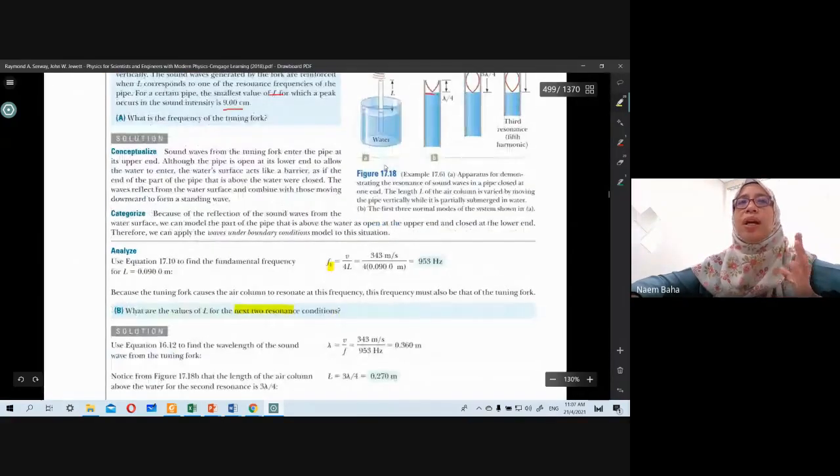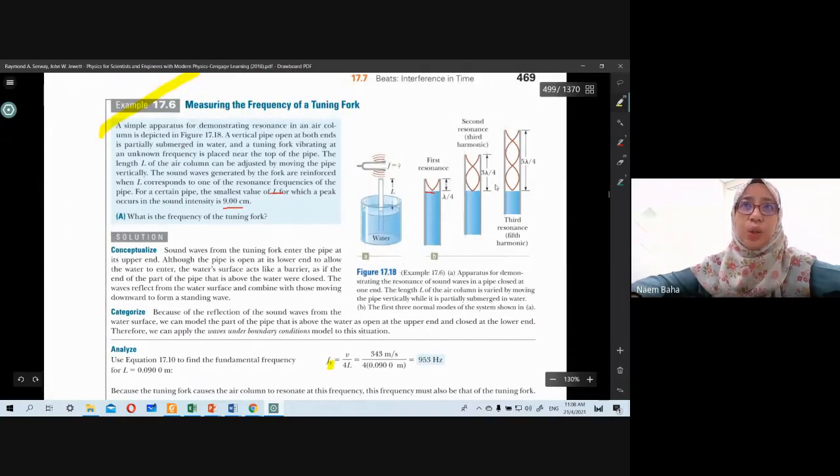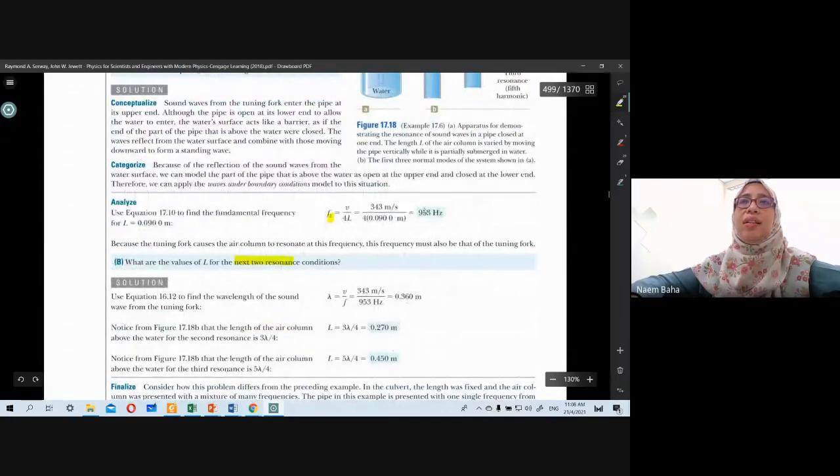Unless it says what are the next two resonance frequencies possible using this air tube, then only could you get it by 953 times 3 and times 5. However, the question is asking the value of the length. Now, the value of the length here is actually 3 lambda.